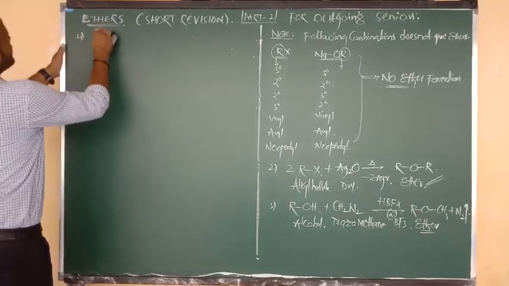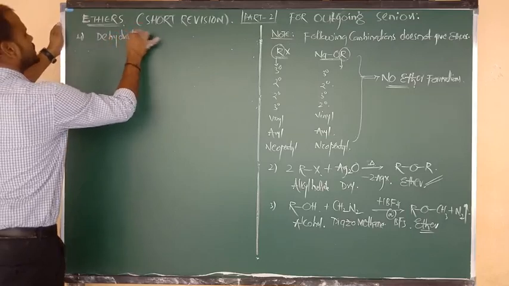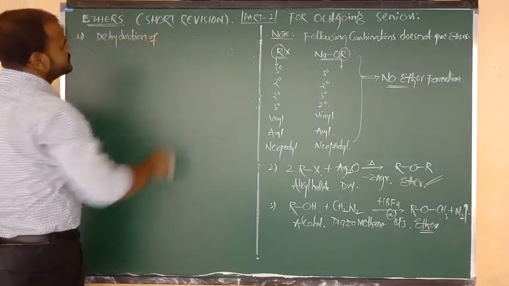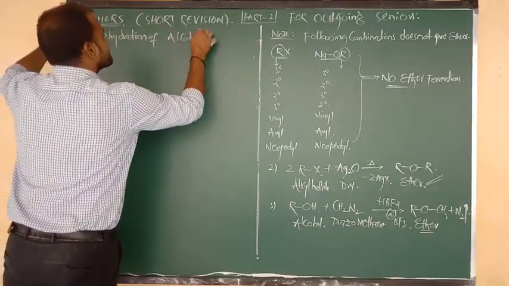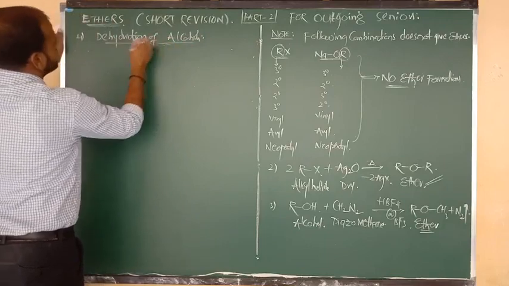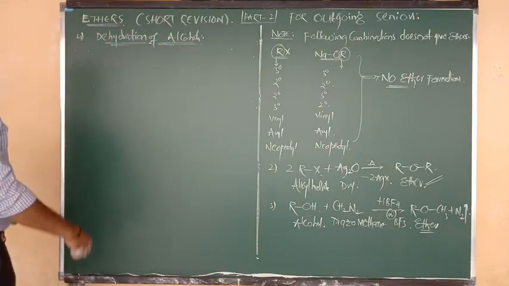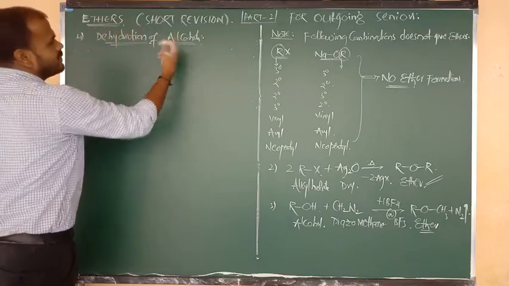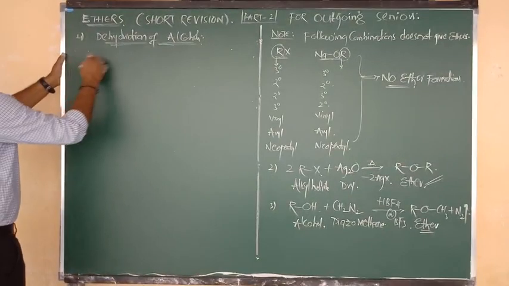So we say dehydration of alcohols. By using this method also we can prepare ethers. Let me explain the statement first of all: how to prepare ethers from alcohols using the concept of dehydration.